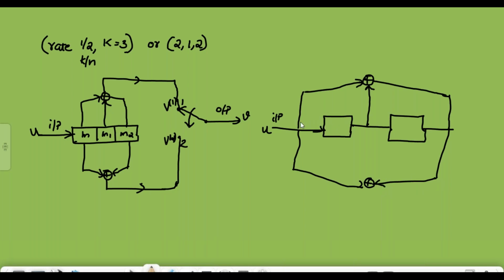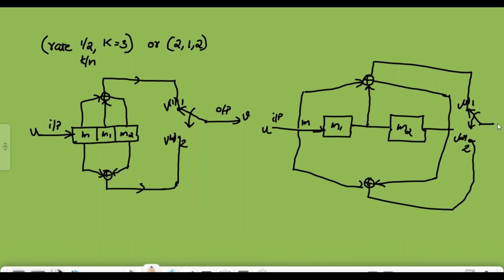And the second output, we can take it as here the input, present input M, and represent as M1, M2, and from this memory, adder elements, the outputs here, two switches, two positions in this output switch. Here the output V1 and here the output V2, and the switch is alternatively connected to position 1 and 2, initially to 1, then 2, then again to 1 and 2.